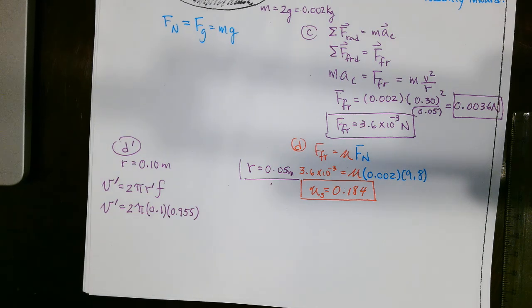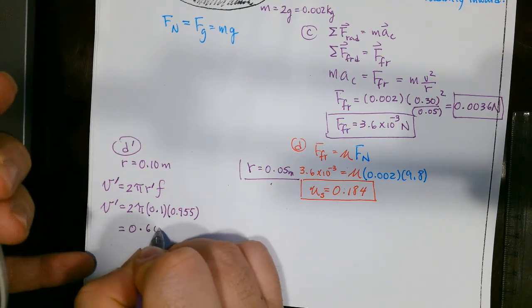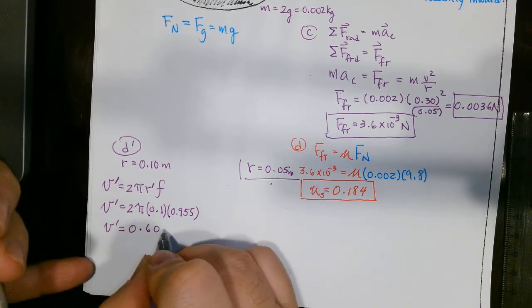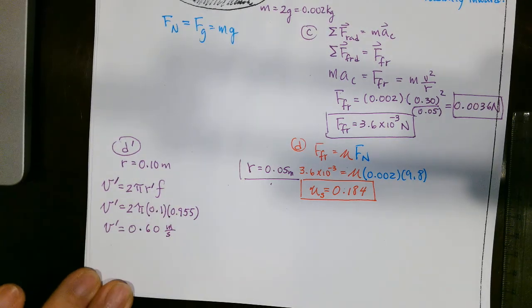That is equal to, I get 0.60 as my V prime, meters per second. Okay?